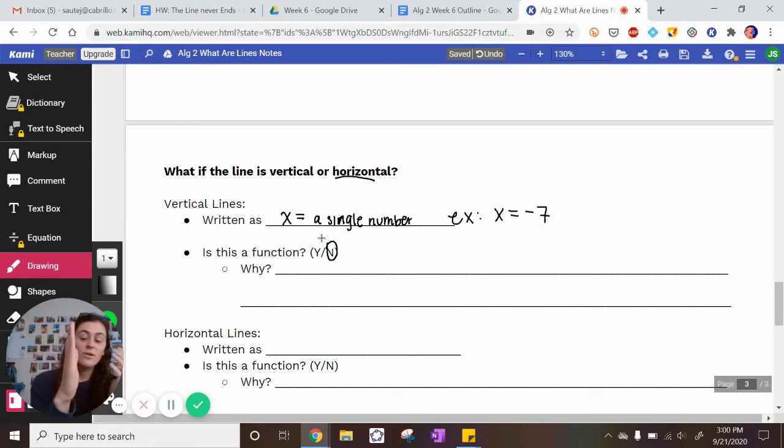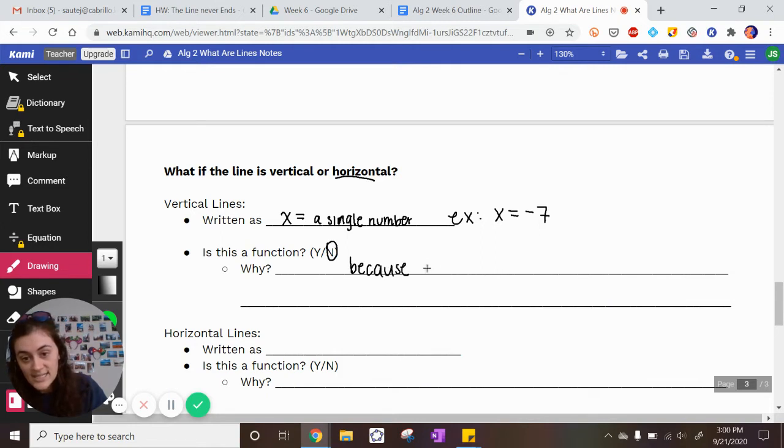Well, if you put a vertical line on top of a vertical line, you're going to hit infinite points at every given instant. So this is not a function because it does not pass the vertical line test.